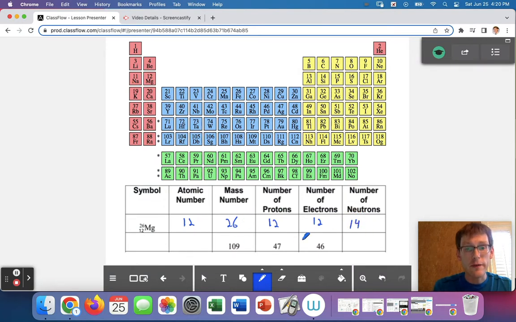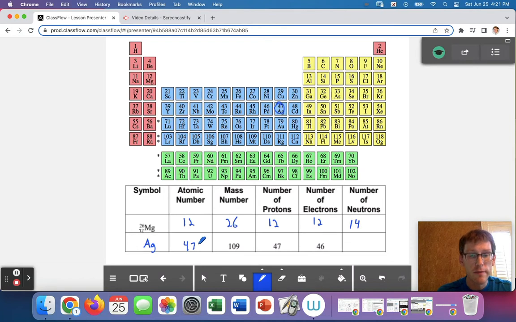All right, next, we've got this line here. Where to start? Well, if I know that there are 47 protons, I know the element is going to be Ag. So I can start here by writing in Ag. And next, maybe I should put in the number of protons as the atomic number, which is 47.